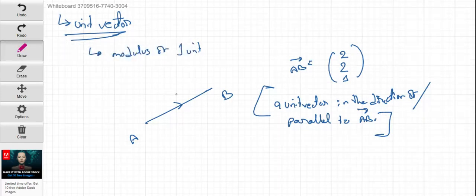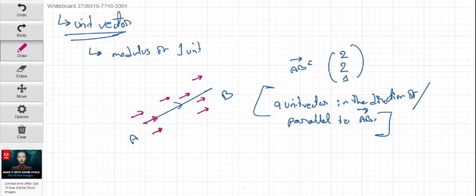Diagrammatically, this is the vector AB. I want you to find another vector which is parallel to AB but is 1 unit in length instead of whatever the length of this is. So these red arrows are all possible answers.